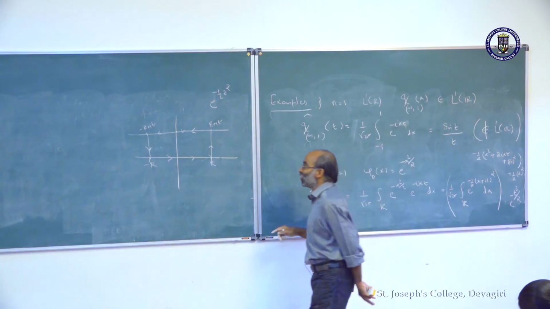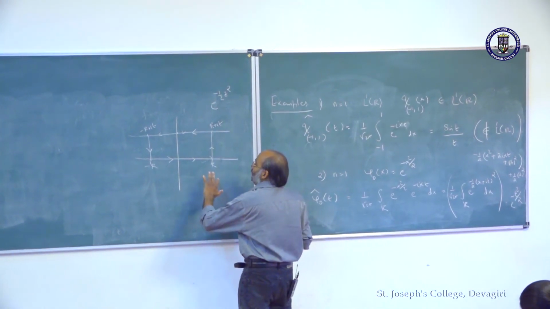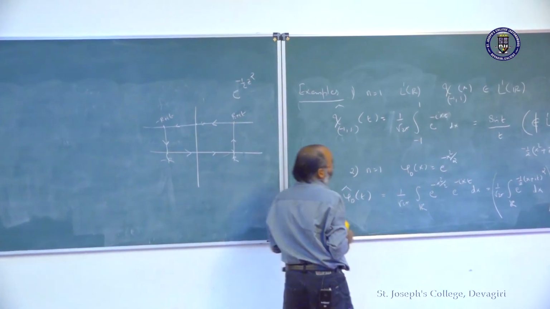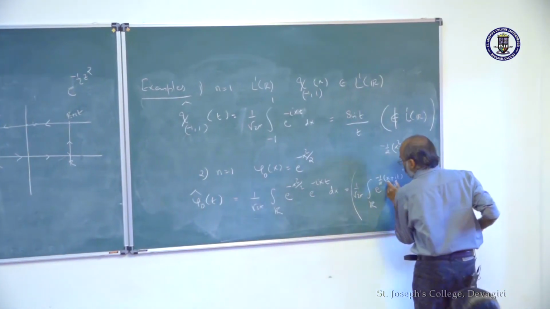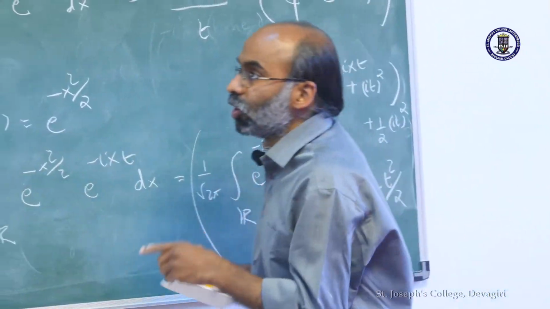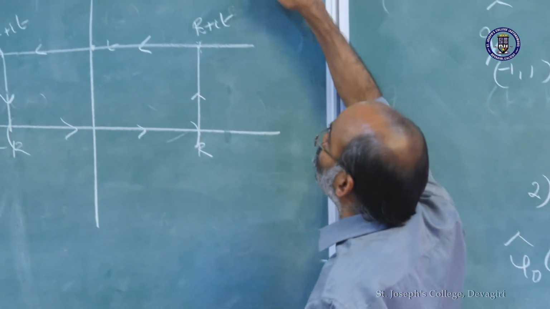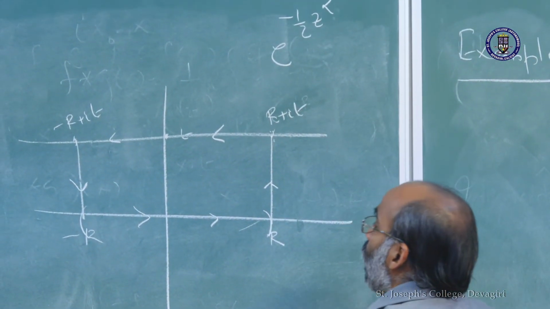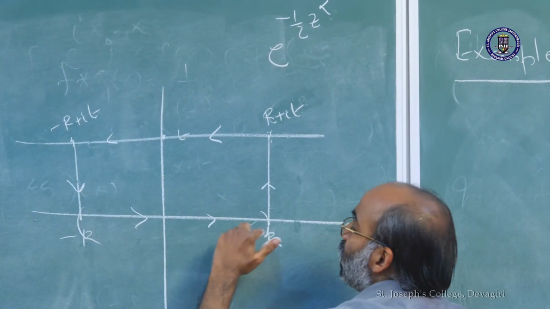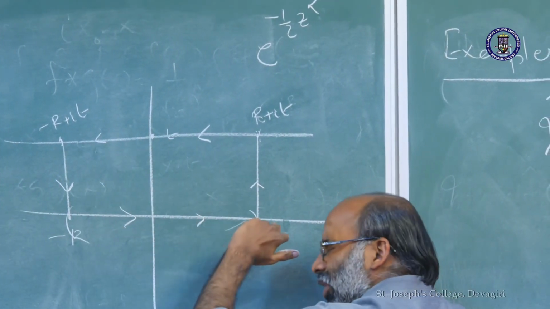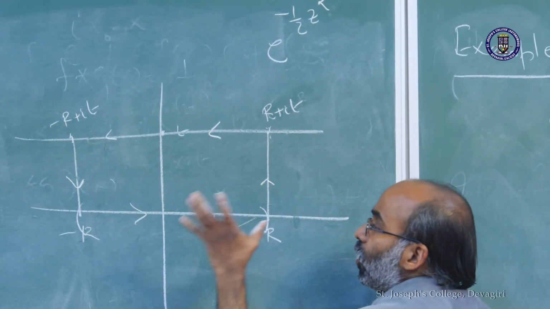Let me repeat the argument. Looking at this, we call this the variable z. That is e to the minus half z square. This is an entire function. By Cauchy's theorem, whatever closed curve I take, the integral will be 0.